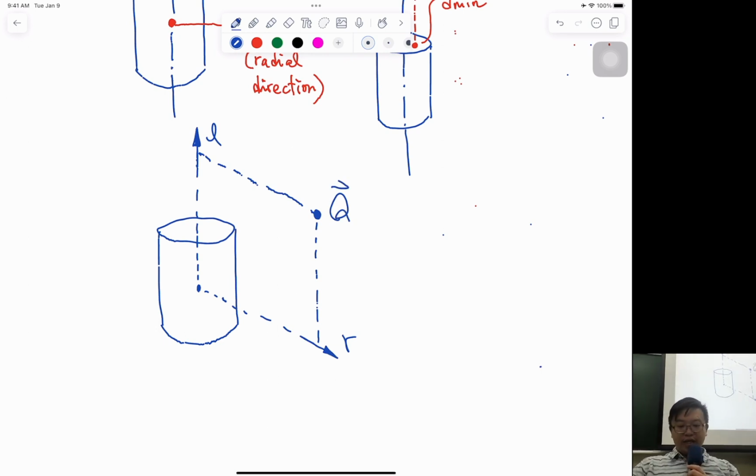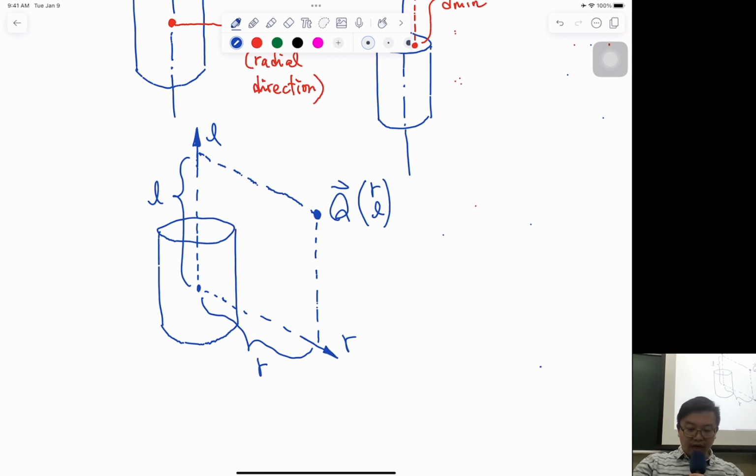So in this case, I have some value R here and some value L here. So you can say the relationship between the obstacle and the cylinder could be described by this RL coordinate.